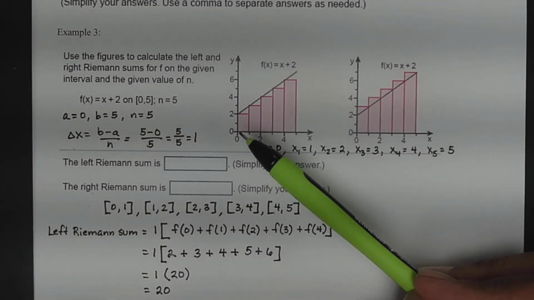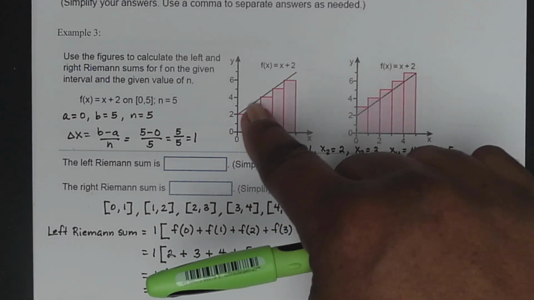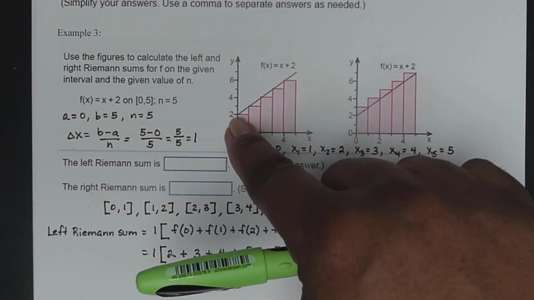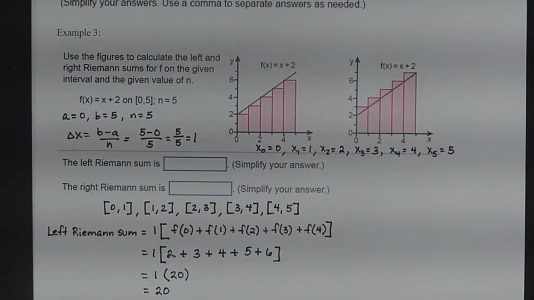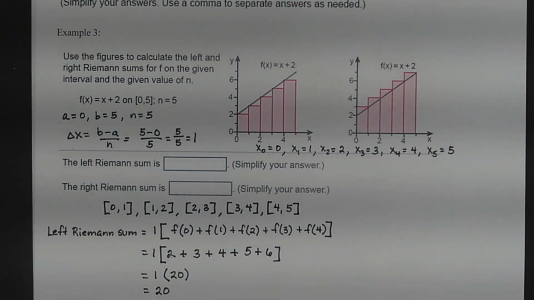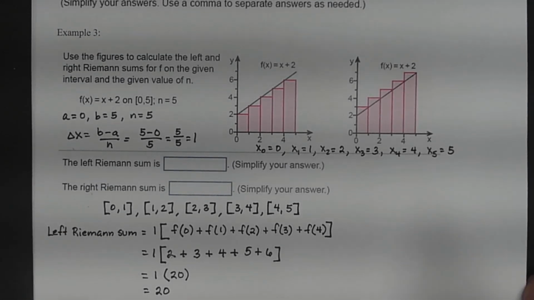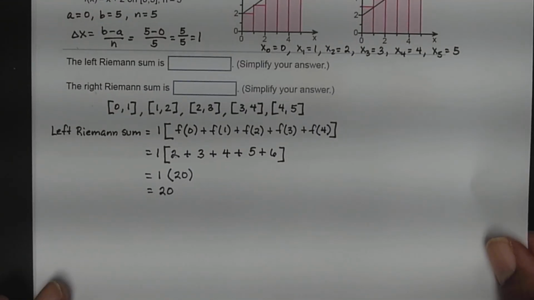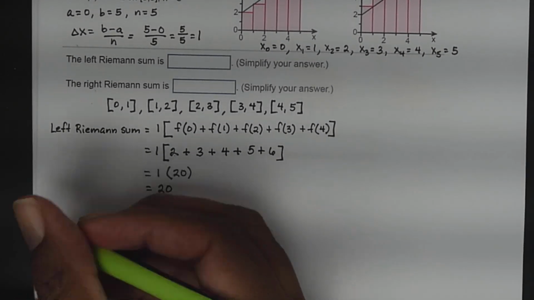And we could have easily gotten those left endpoints from this graph right here. You see this line of f of x equals x plus 2, that's touching the left-hand side of each of these rectangles that you see here. Now, let's find the right Riemann sum. The right Riemann sum.